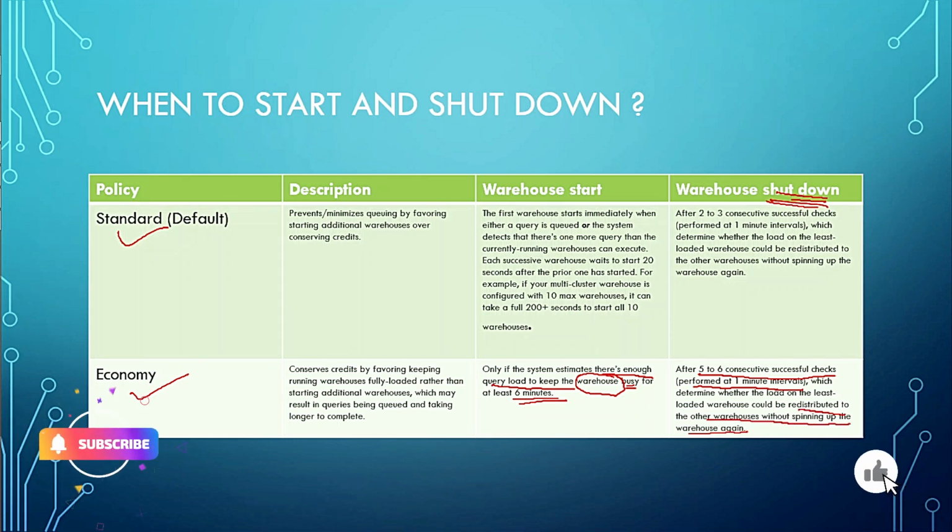As I showed in the last example of the standard scaling policy, in the standard option, after every 2 or 3 consecutive successful checks, performed at 1 minute intervals, warehouses get shut down. In the same way, the economy option performs the operation to shut down the warehouses.